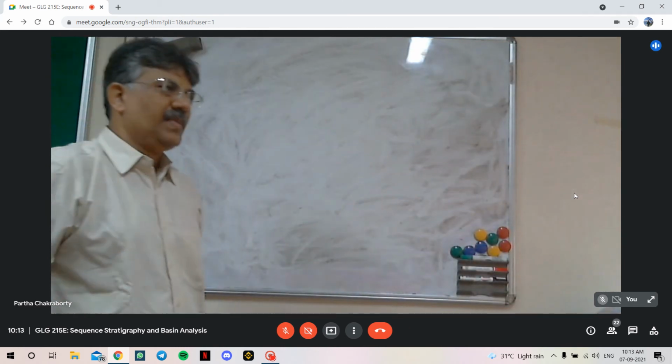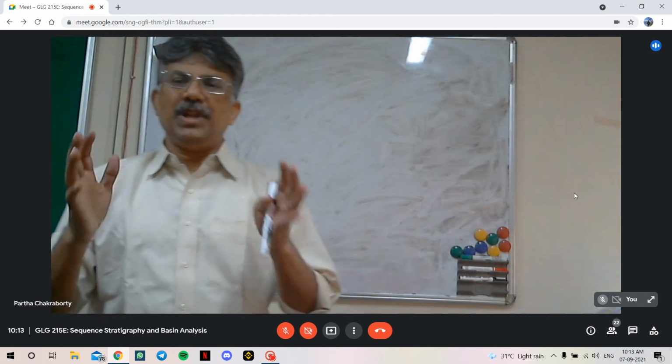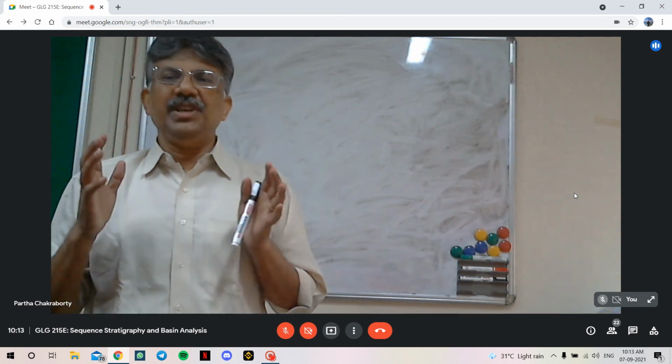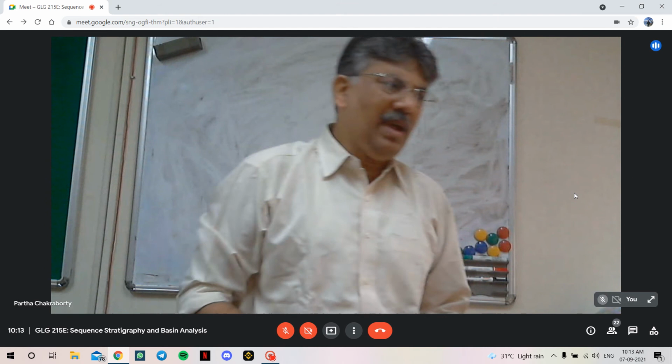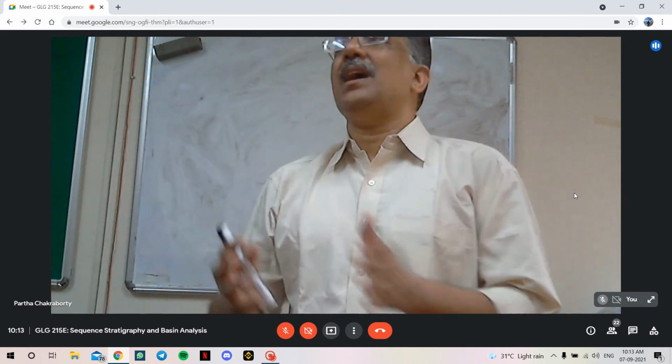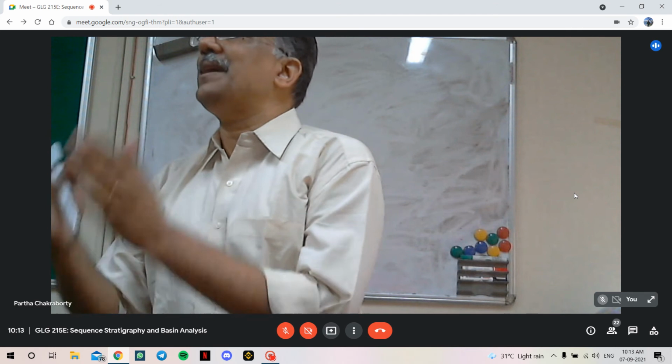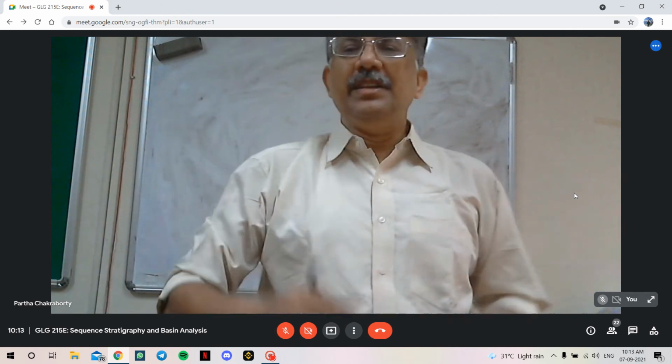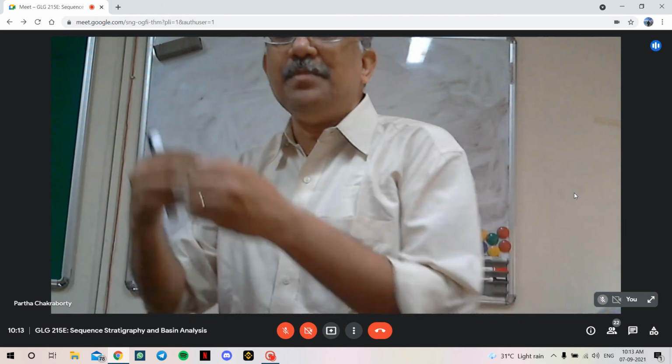So, suppose I am thinking of a coastline. How will the stratal stacking pattern at a coastline be in different tendencies of relative sea level?